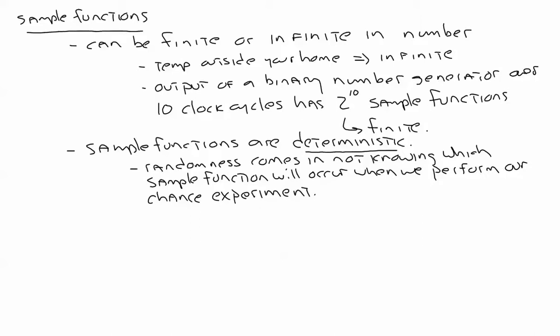The randomness comes not in identifying the outcomes of tossing the 2 dice, but rather we don't know exactly what the outcome is going to be until we actually perform the experiment. So the results are known, the results are deterministic. The randomness comes in not knowing which outcome will occur when we perform the experiment. Same thing with random processes. The sample functions themselves are deterministic. The randomness comes in not knowing which waveform will result when we perform our experiment.